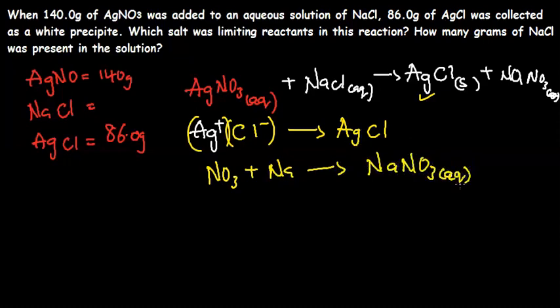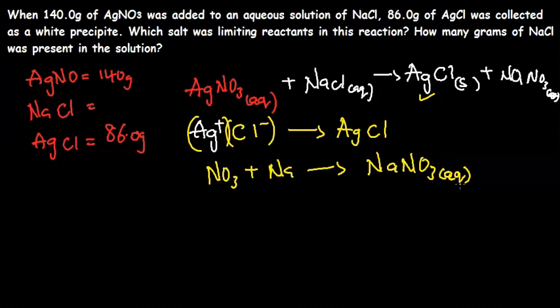So, to determine the limiting reactant in the reaction between silver nitrate and sodium chloride, we need to calculate the theoretical yield of silver chloride formed from both reactants, and then identify the reactant that produces less silver chloride.